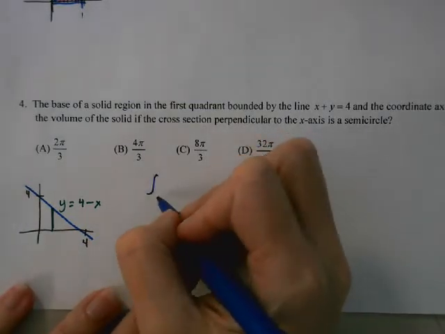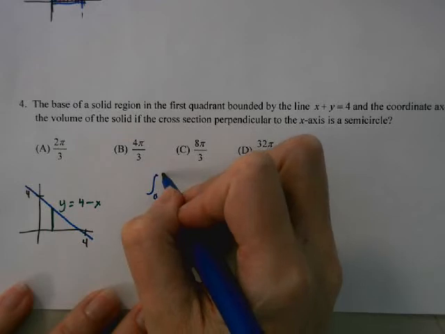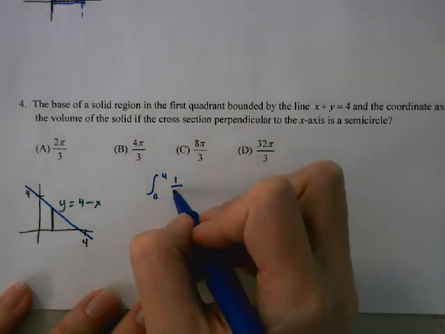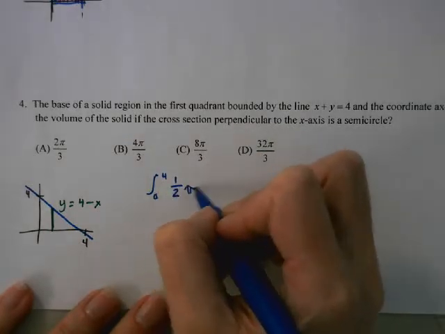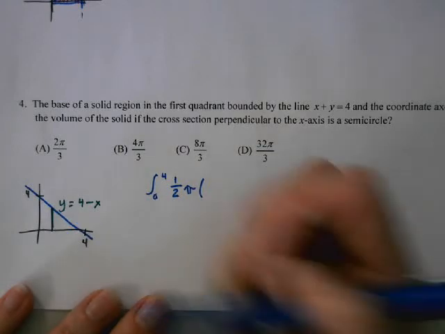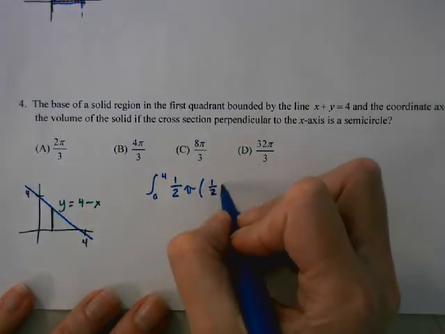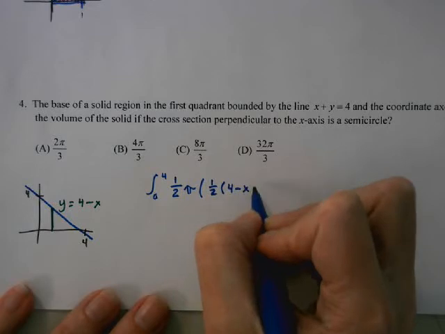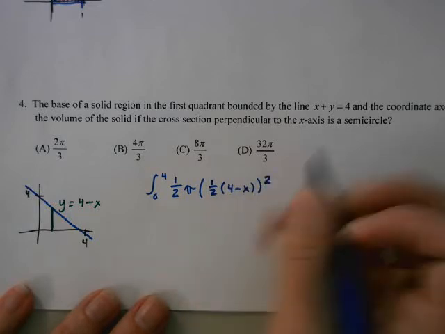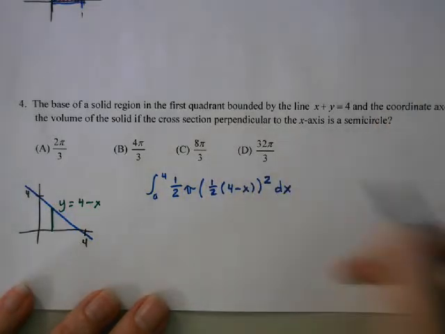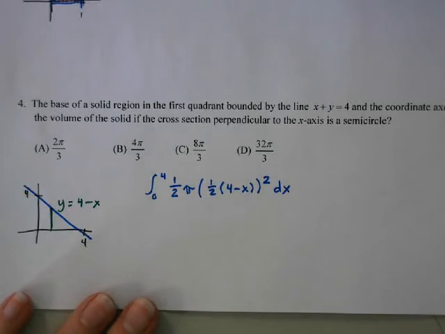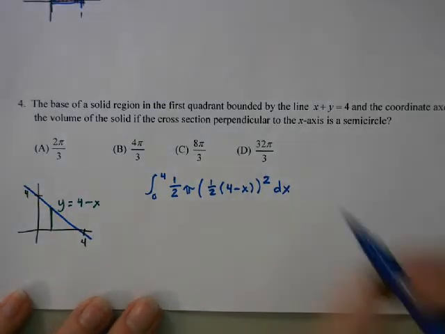This is going to be the integral from 0 to 4 of 1/2 pi r squared. 1/2 pi. If from here to here is 4 minus x, then my radius is going to be 1/2 of that. And then we're just going to simplify this down to get something that we want.